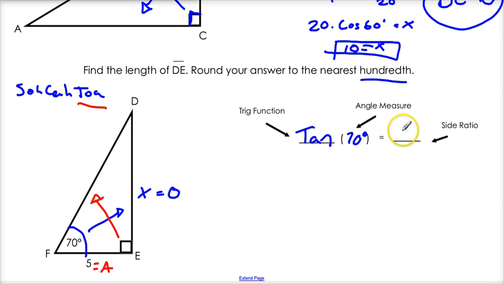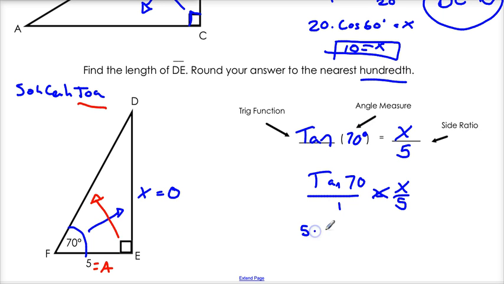So that's opposite is x over adjacent, which is 5. Now we just go back into solving. So tan of 70 over 1 is equal to x over 5. Cross multiply. 5 times the tan of 70 is equal to 1x.